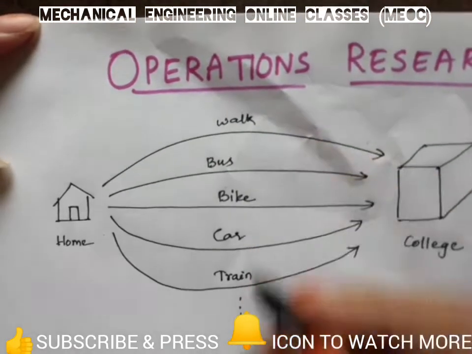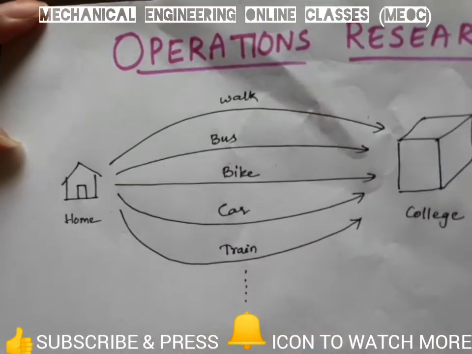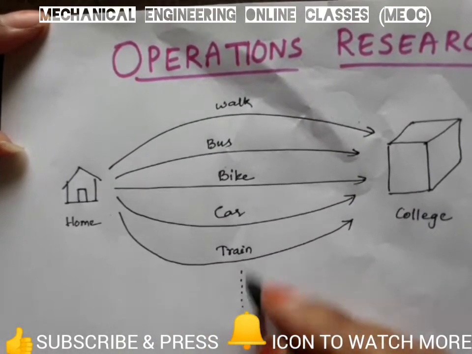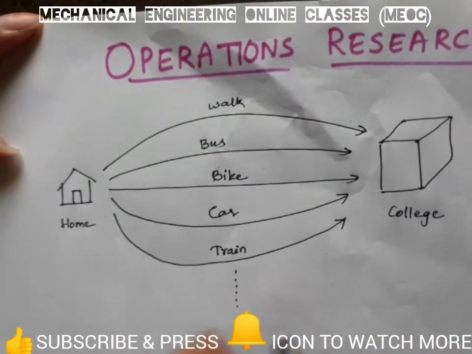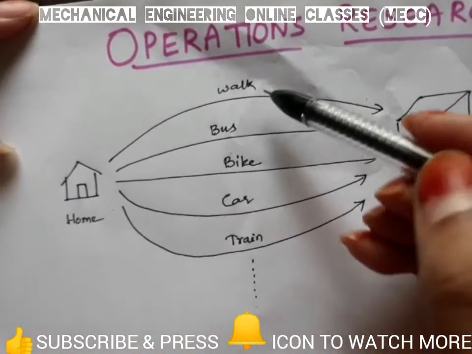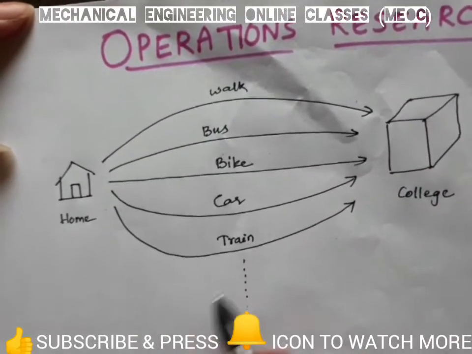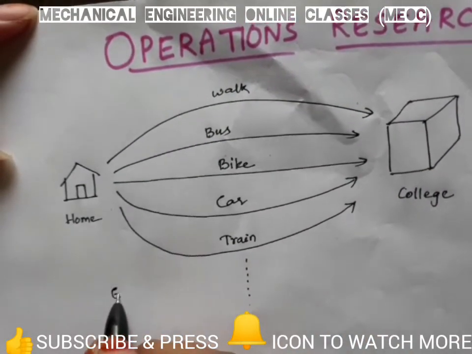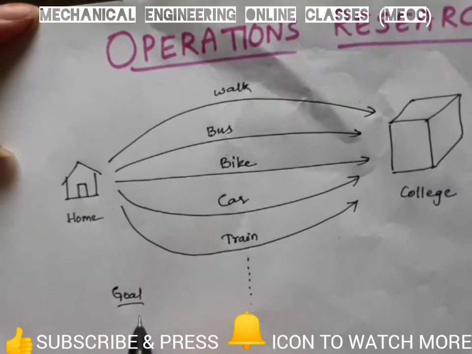The list is not exhaustive. You have different options like auto, anything. So here when you are considering all these options, what is our goal? Our goal is to reach college.